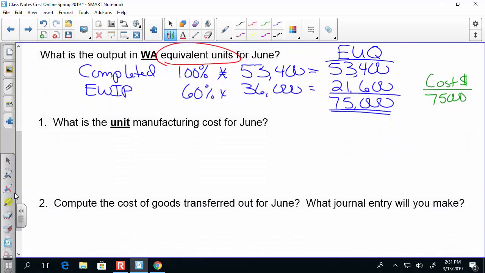So basically then it says, what is the unit manufacturing cost for June? We look at problem 45, their total cost, including the beginning. Remember, this is the weighted average method, it is 174,000. We use our 75,000 EUQ, equivalent units, to come up with our cost per equivalent unit, which in this case is $2.32.